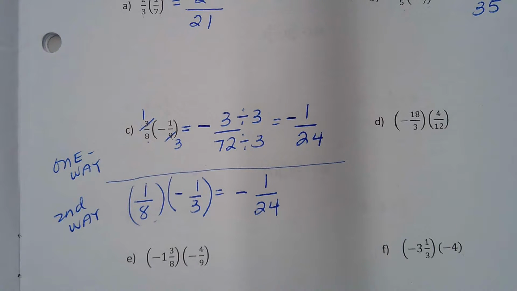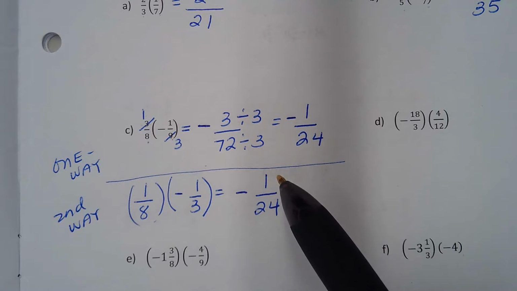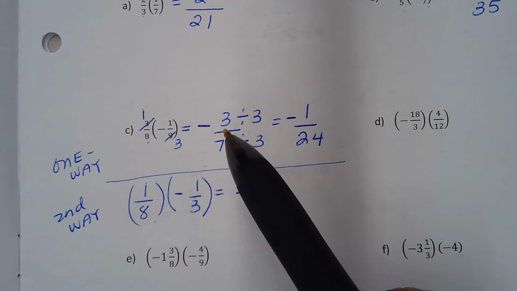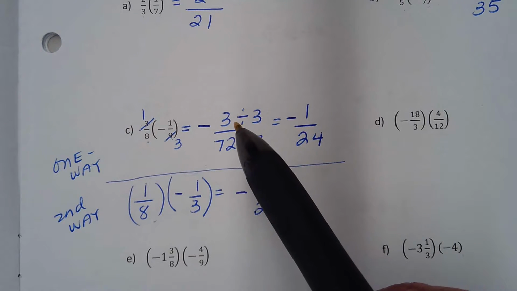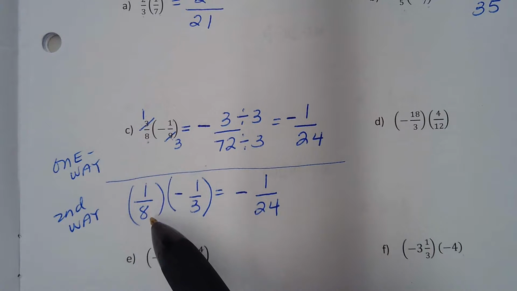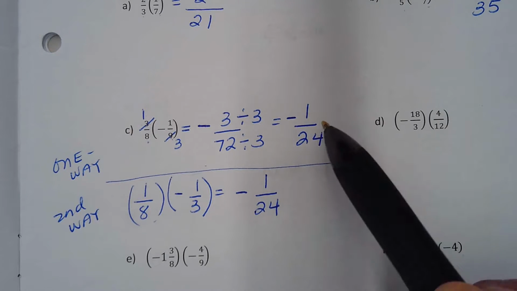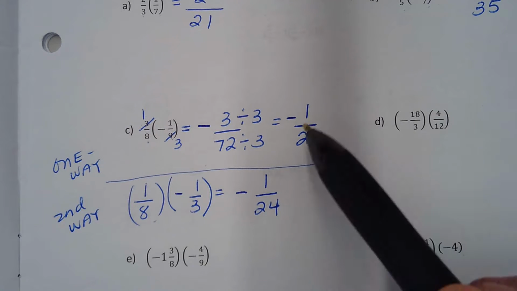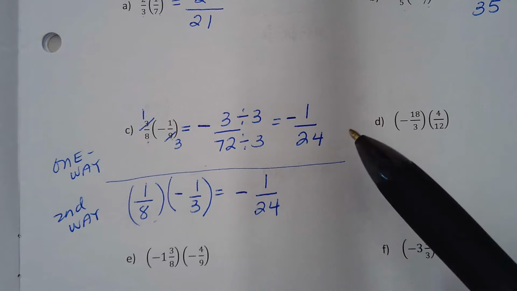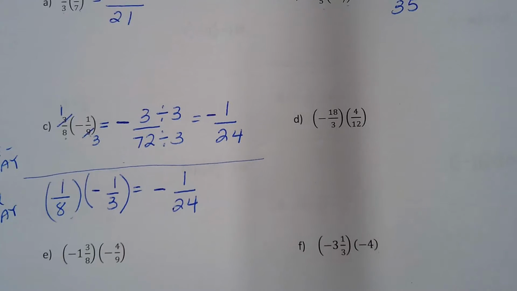Now for this one here, let's start off with this. This is multiplying and then reducing. This one is reducing first and then multiplying. I'm showing you both ways so you're familiar with it, but it's up to you which one you want to do. Okay?